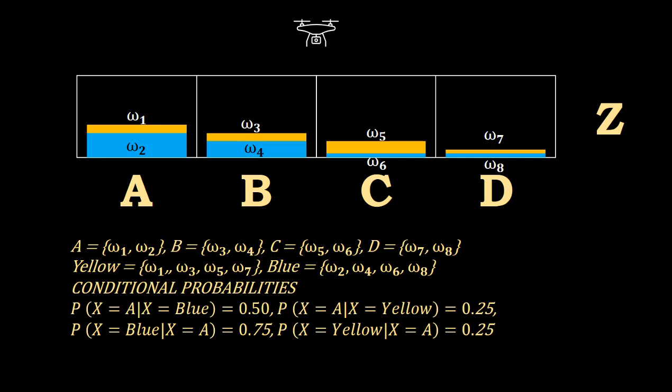Now, we can introduce here conditional probabilities. So, what's the probability that the drone landed in region A, or that the variable x takes the value A, given that we know that the drone landed in a blue region?